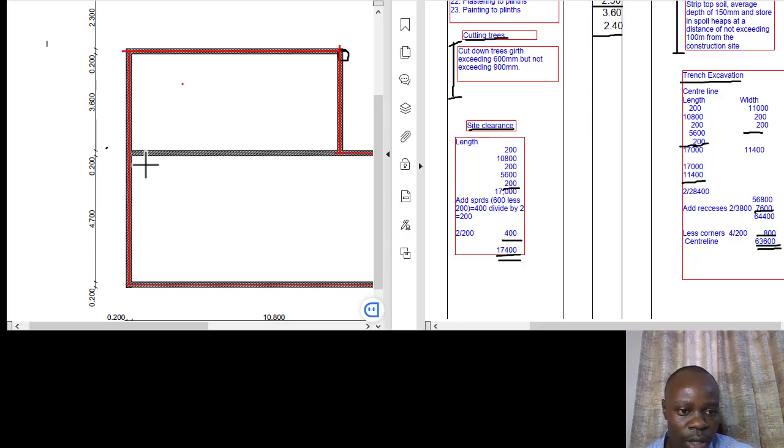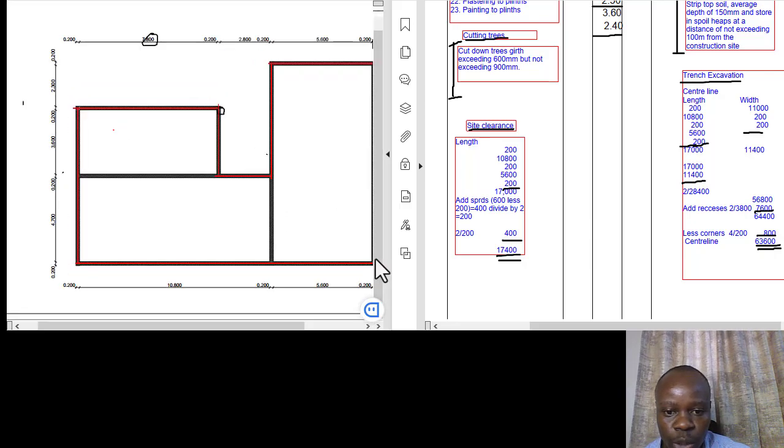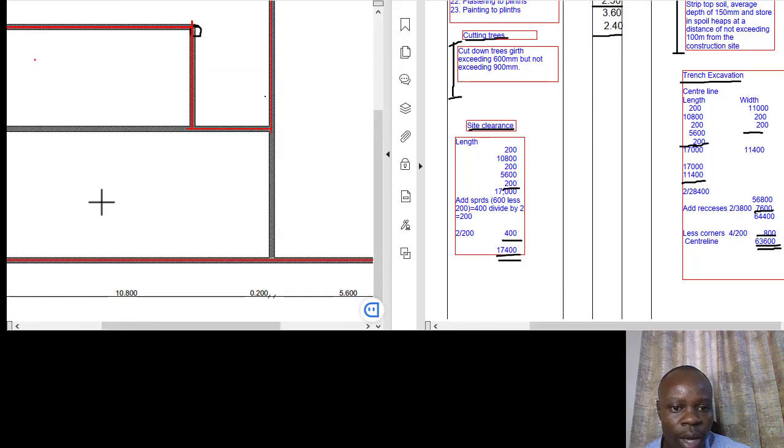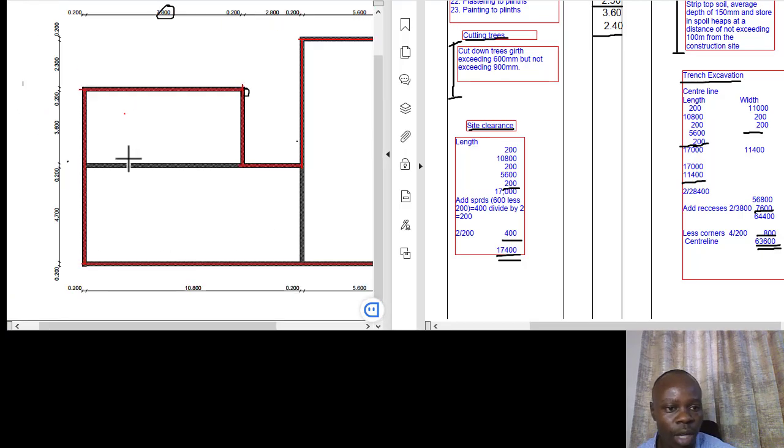Presented on your screen is a typical plan that we've been working with, and we also continue to work with it. The reason I designed this kind of plan is because it's not obvious. It's not a perfect rectangle, as you might find on other channels.